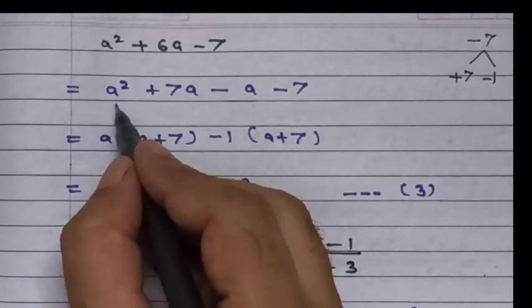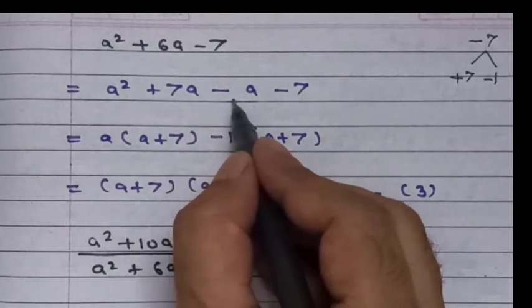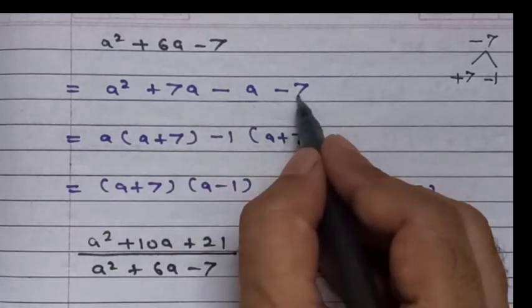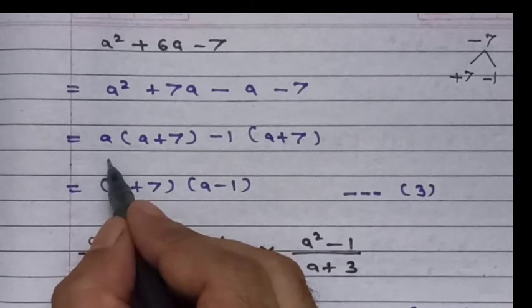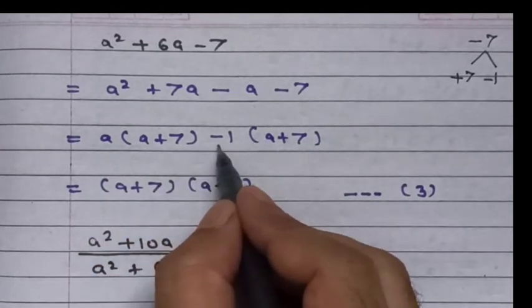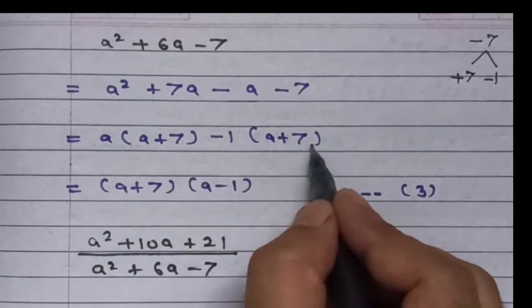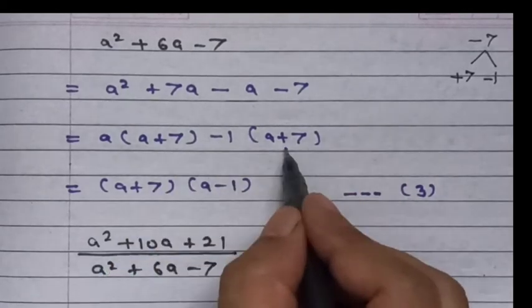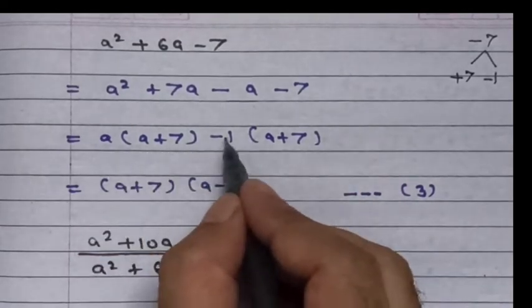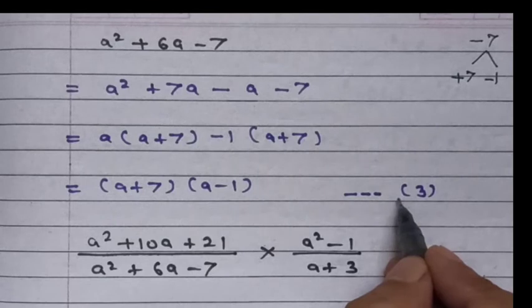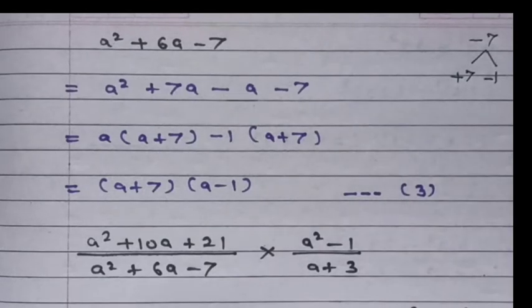So we'll be writing a square plus 7a minus a minus 7. Take a common: a plus 7, minus 1, into a plus 7. That will give you (a plus 7)(a minus 1). Third expression.